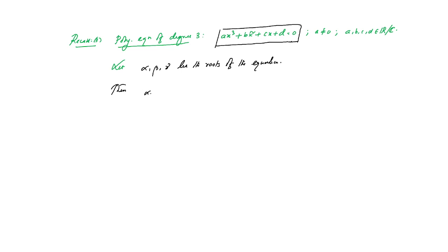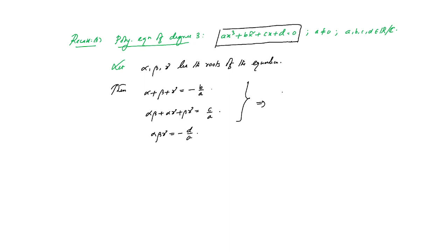Then the relation between roots and coefficients is alpha plus beta plus gamma equals minus b by a, and alpha beta plus alpha gamma plus beta gamma equals c by a, and alpha beta gamma equals minus d by a.